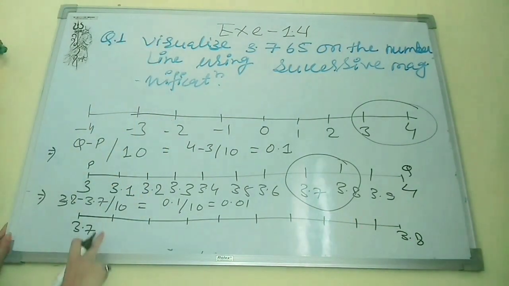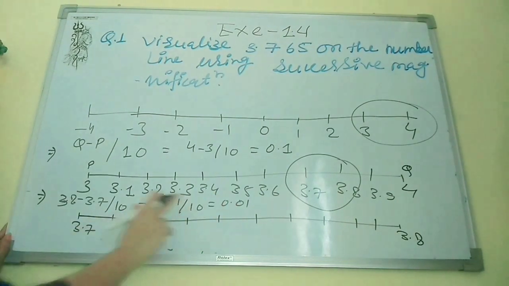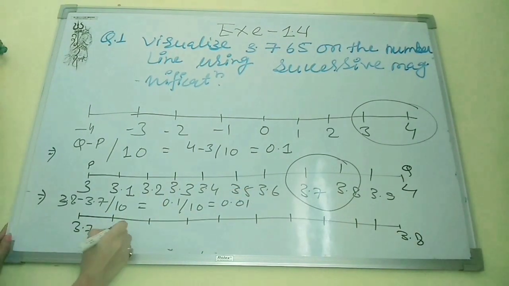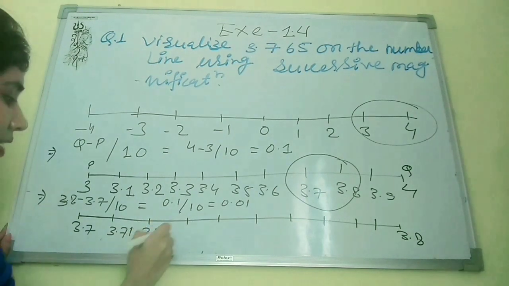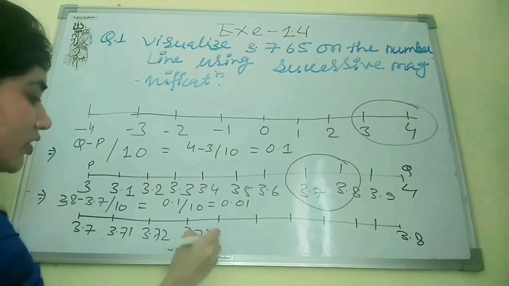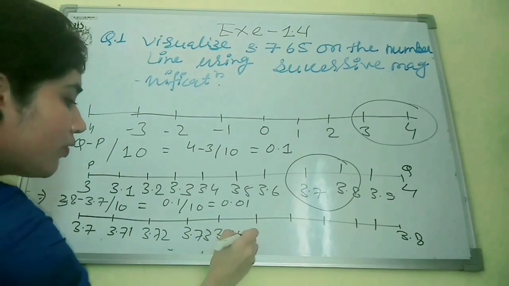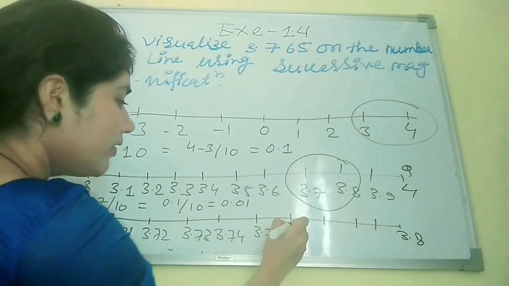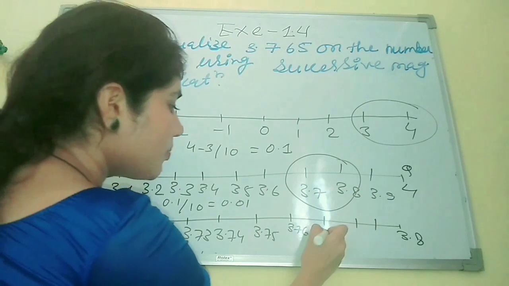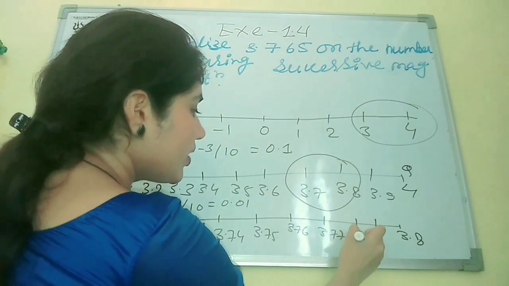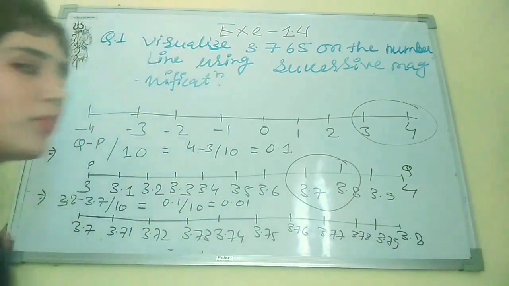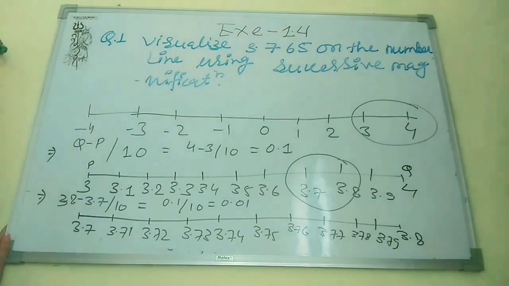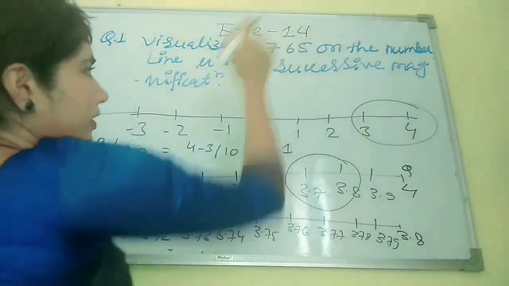For the first measurement, we add this to 3.7, which gives 3.71, 3.72, 3.73, 3.74, 3.75, 3.76, 3.77, 3.78, 3.79 and then 3.8.